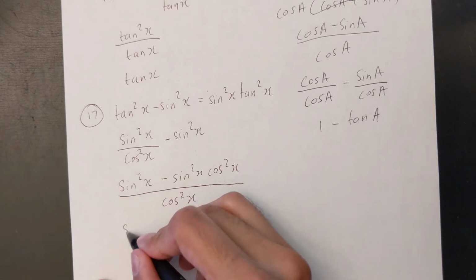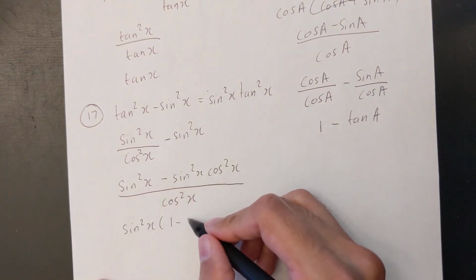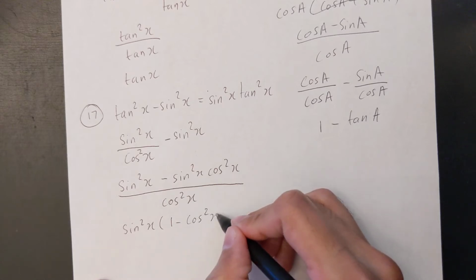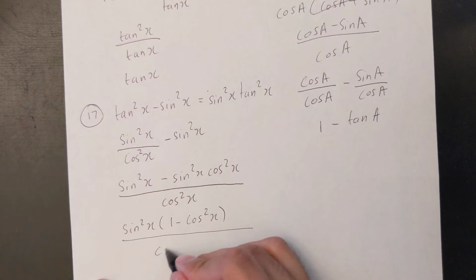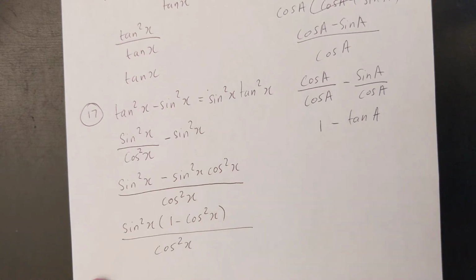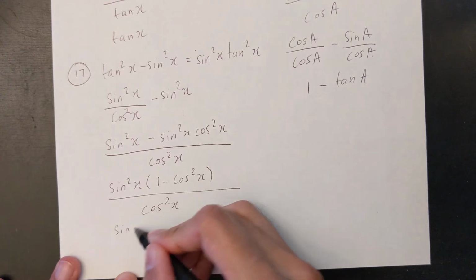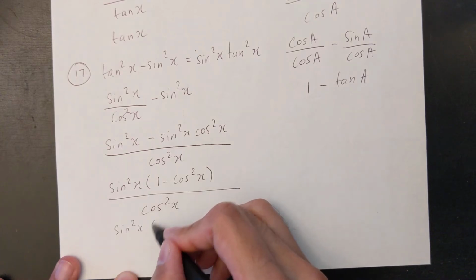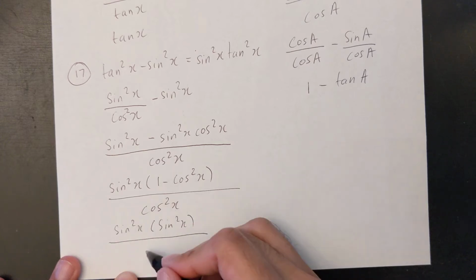I notice there's a common factor of sine square x. I'm going to be left with 1 minus cos square x. I can replace 1 minus cos square x with sine square x. You don't really need the bracket, but I'll put it so it's a bit clearer.